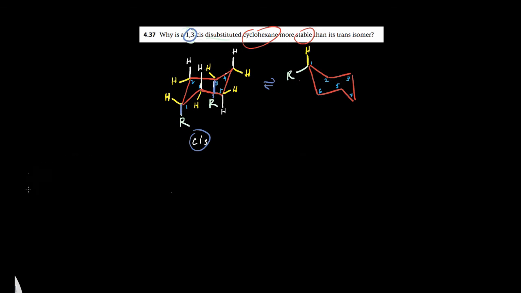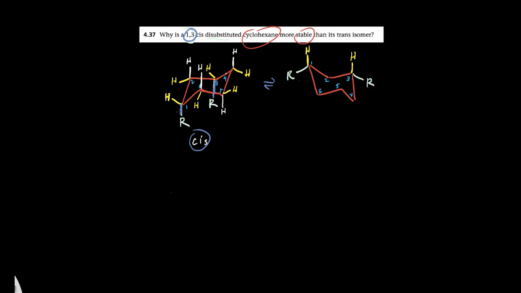So we have carbon 1 taken care of. Now at 3, in the chair flip, whatever was equatorial becomes axial, and whatever was axial becomes equatorial. So on carbon 3 here, the hydrogen was equatorial, so it becomes axial, and the axial is pointing up on carbon 3. Therefore, the R group becomes equatorial.